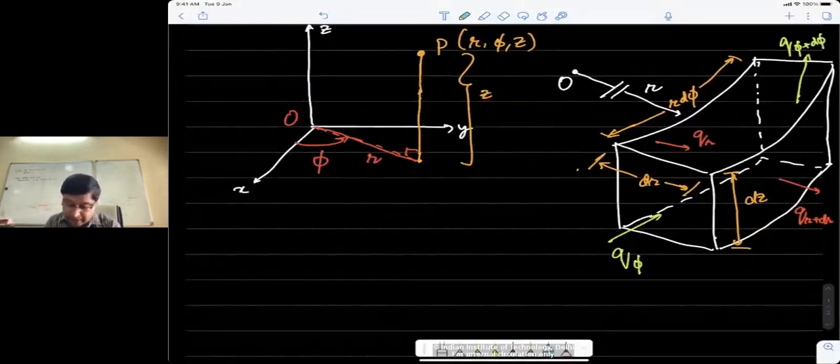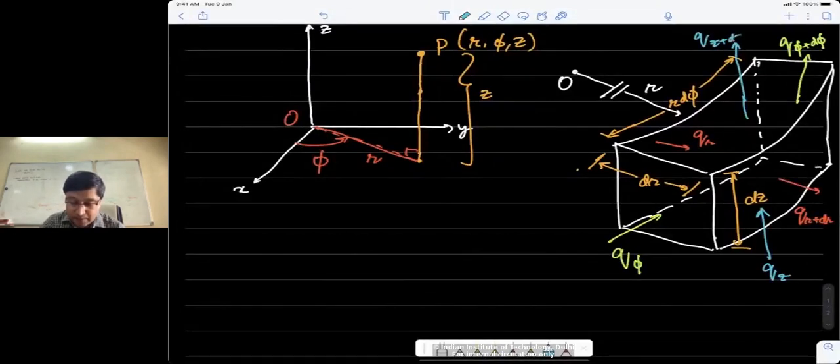And then at the bottom face we have q_z coming in, and what is leaving from the top face would be q_(z+dz). So we'll have to apply energy conservation on this differential control volume to derive the conservation law.